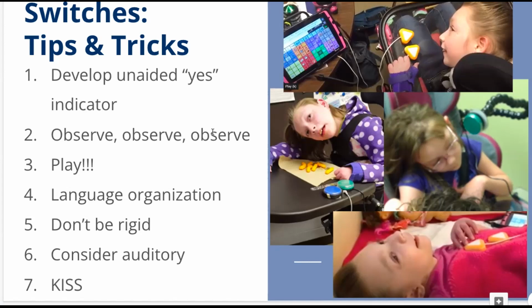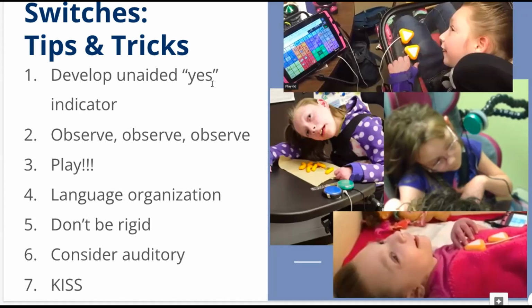So, all right. My first big one is develop an unaided yes indicator, like a positive indicator, is really helpful. And then if possible, I will utilize that as my selection switch location.